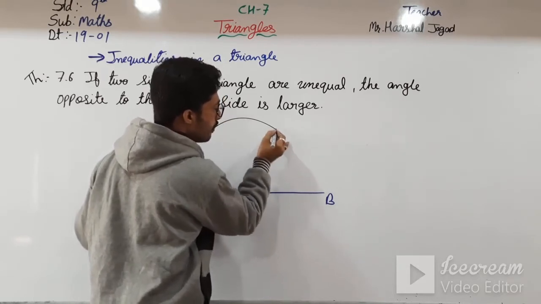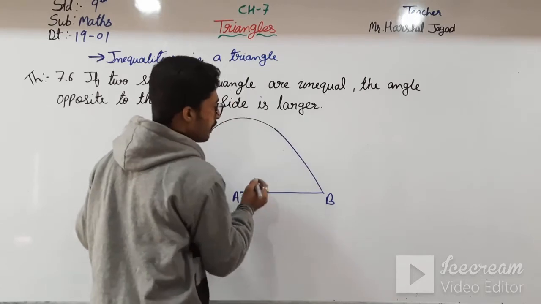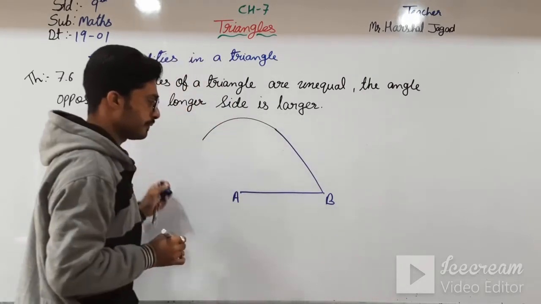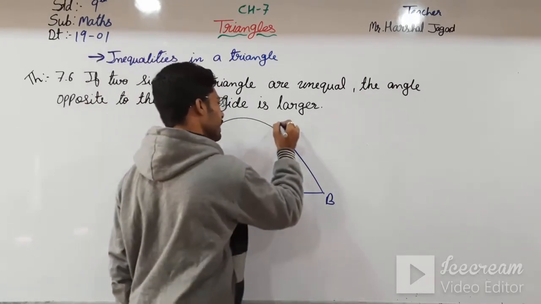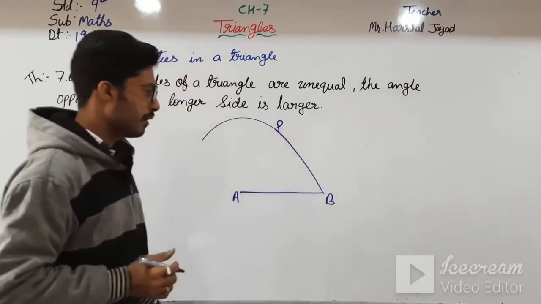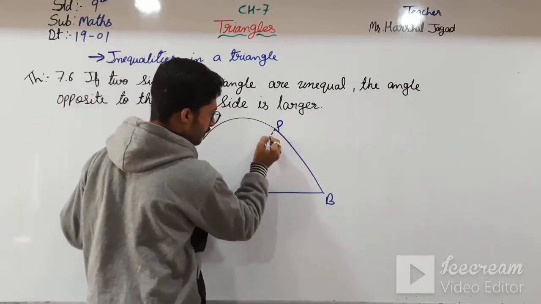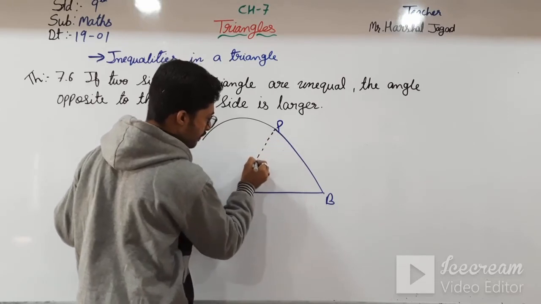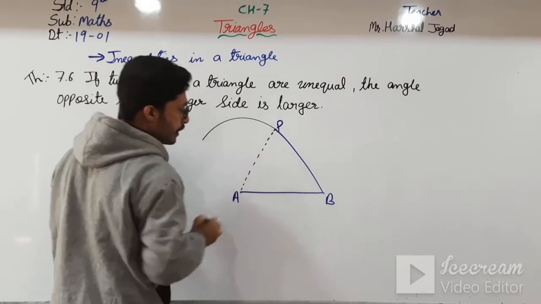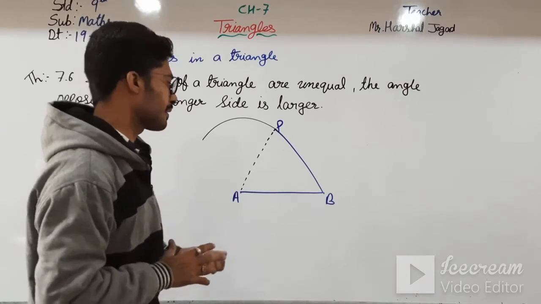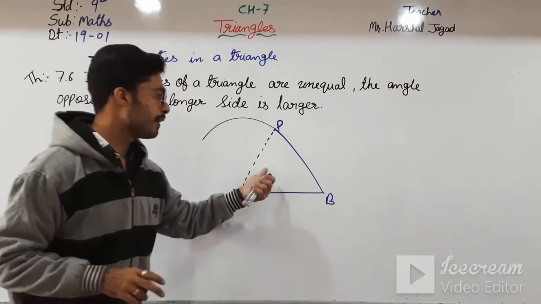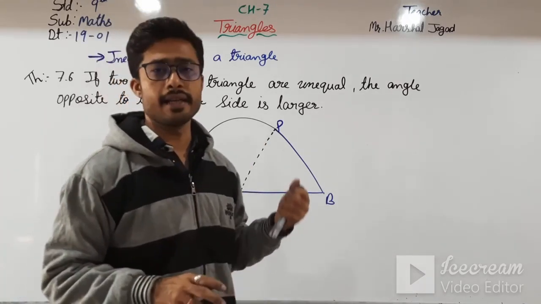If I take a point and name it P and join this, you can see all the sides are equal.